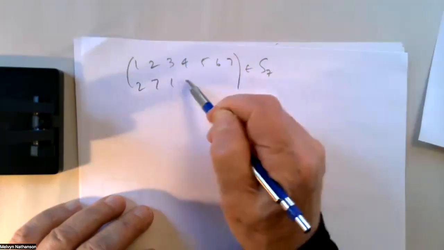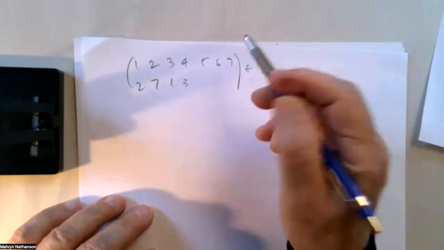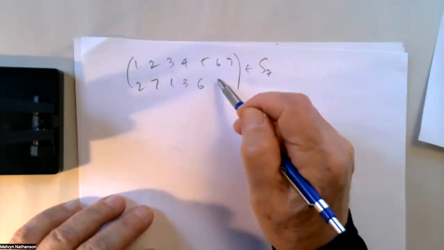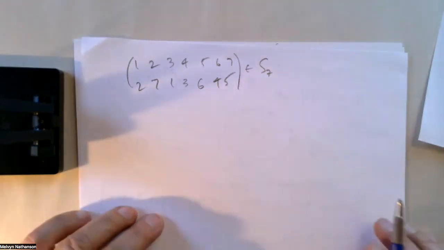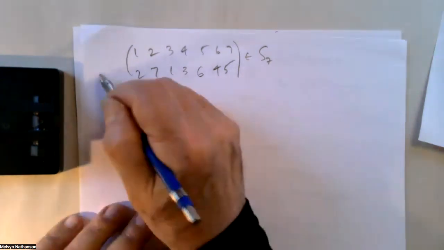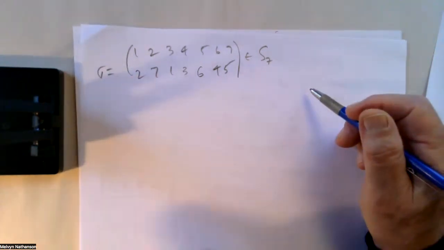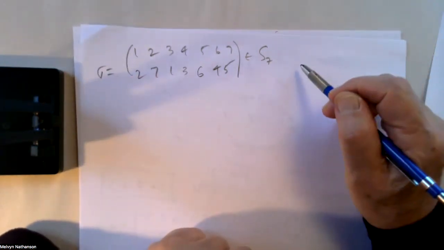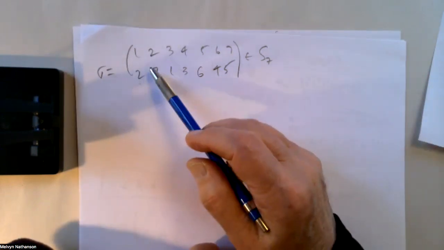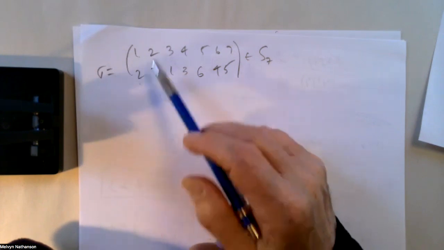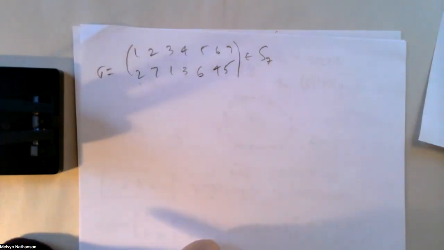Say 2, 7, 1, 3, 6, 4, 5. That's a permutation. Again, I'll call it sigma. So sigma, for example, sends 1 to 2, and so forth. 2 to 7, 3 to 1.